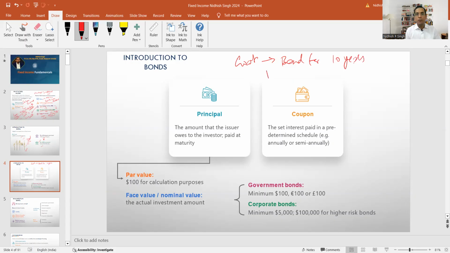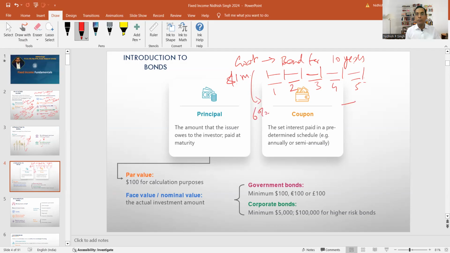In that duration, each of these indicates a year: second year, third year, fourth year, and fifth year, and so on and so forth. So it will be for 10 years. At the start, the government will receive from people who are buying the bond, say for example, $1 million, 1 million USD, and in turn, the government will pay every year, say, 6% coupon.